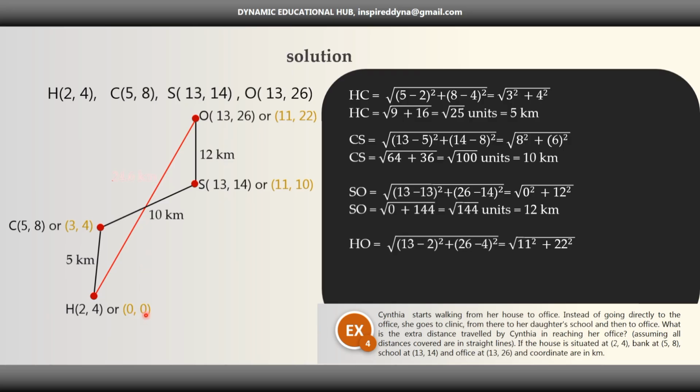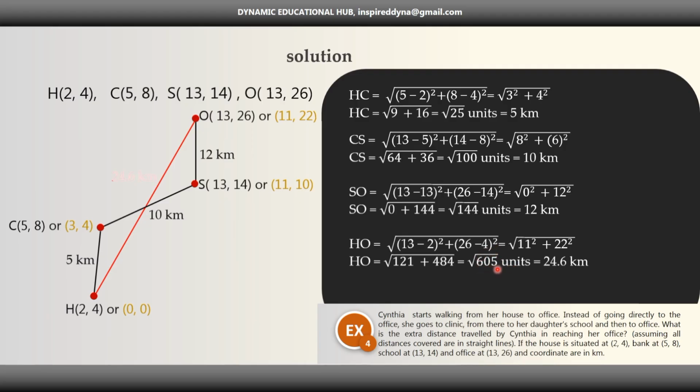So we have 0, 0 here. We can just neglect that, and that will give us 11 square plus 22 square. What is 11 square? 11 square is 121. So we have root 121 plus, what is 22 square? 22 square is 484. So we have 121 plus 484, and that is 605. We have root 605 units.